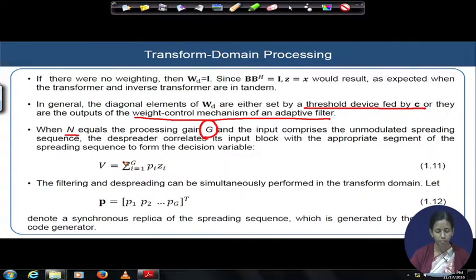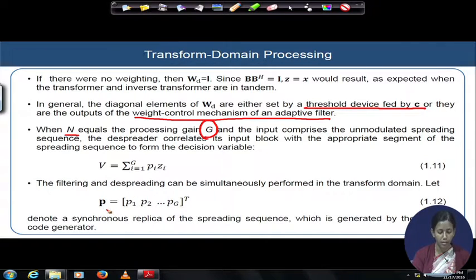The filtering and the dispreading, first is your filter and then the dispreading operation, can be simultaneously performed in the transform domain. How? Let us see.